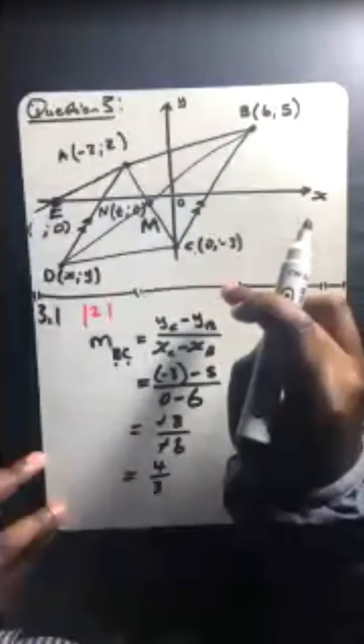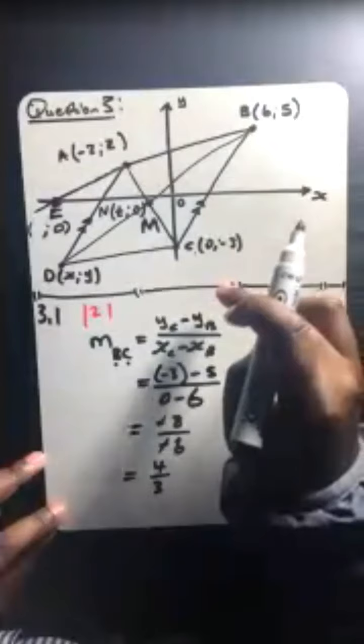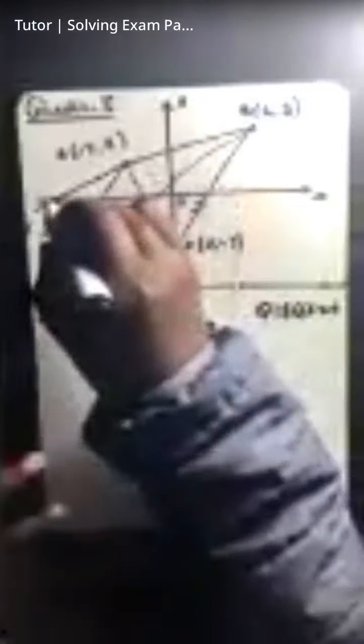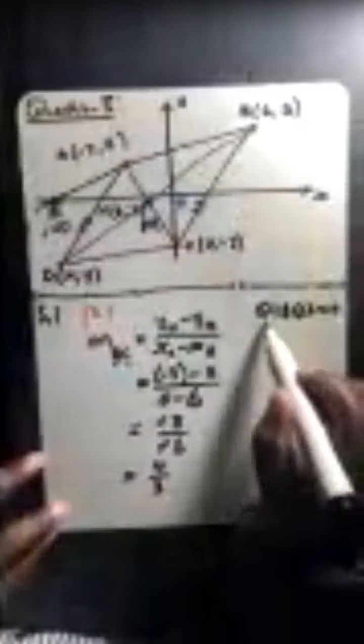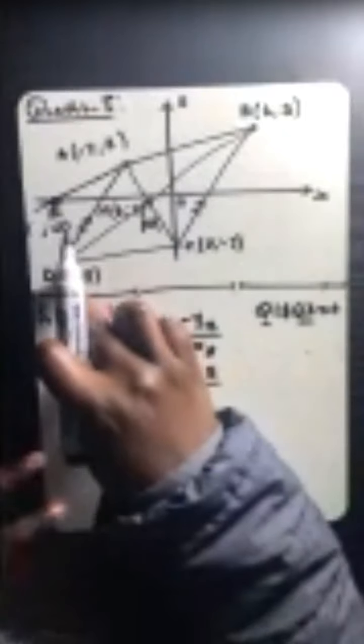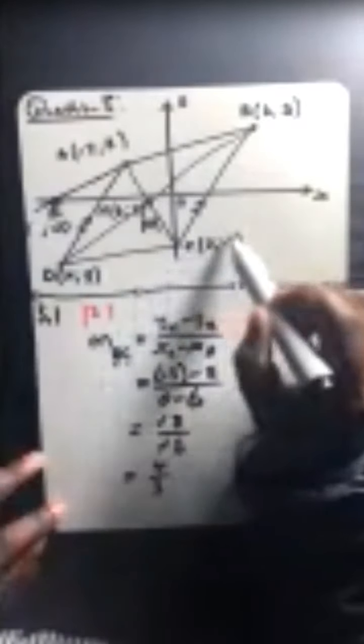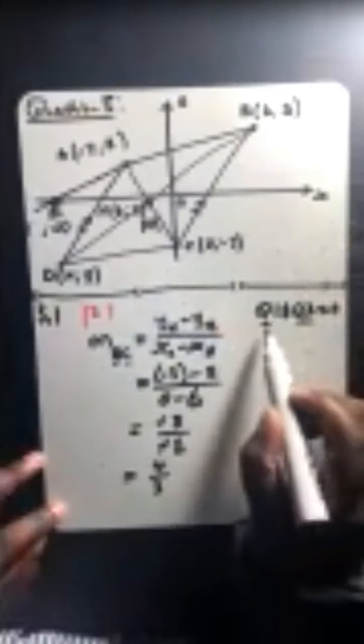Then let's see, what about this line and that one? Also, if you produce that one, let's see, BC, yes, it's still passing through Q1 and Q3. Let's see, what about this one? If you produce this one, it's going to extend, then it's still passing through.